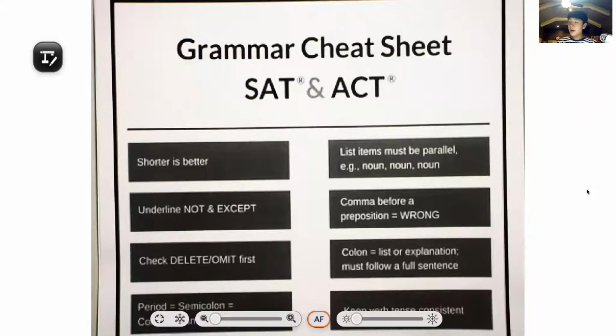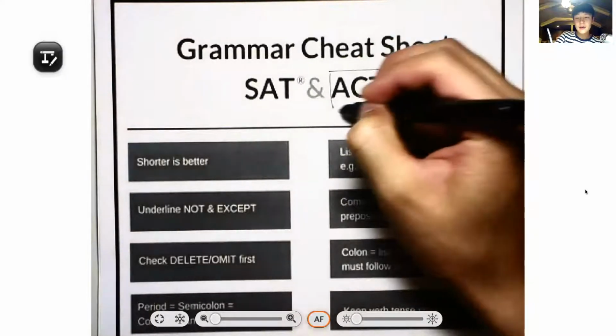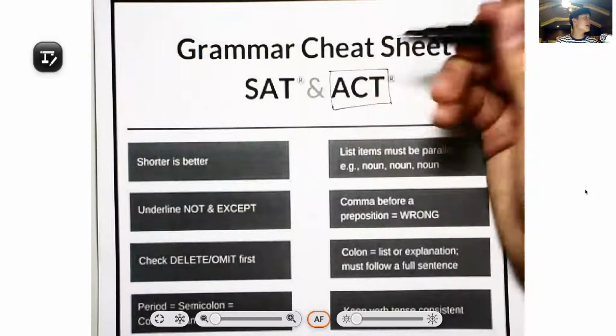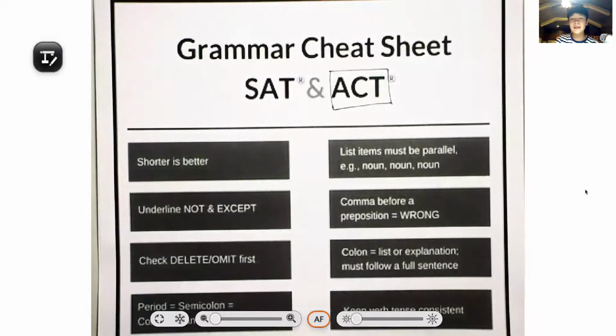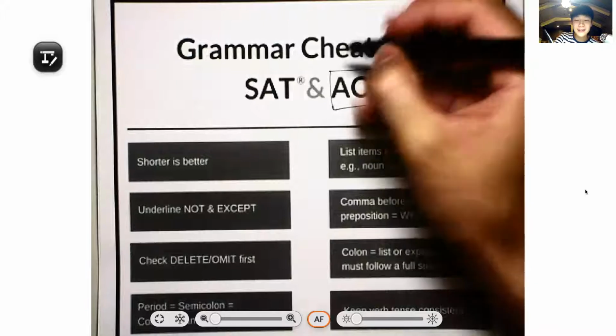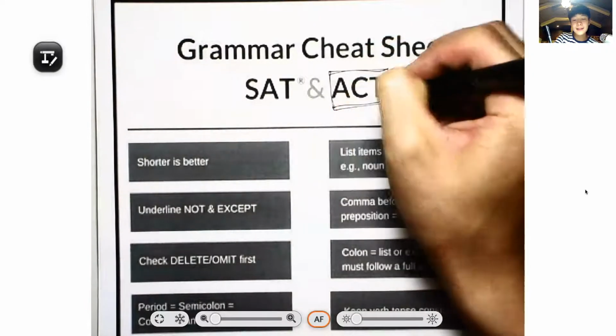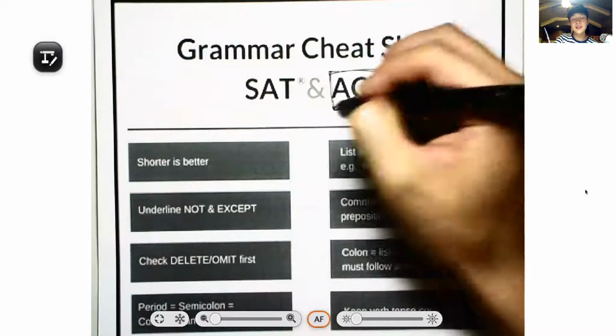So, excuse me, as you see, the grammar cheat sheet for the SAT and ACT is in front of me, and we're going to be focusing, of course, on the ACT here. And we're going to be focusing on the ACT because that's the test that we use widely in Kentucky. There are other states that use the SAT a lot, but we'll focus on the ACT because this session is on the ACT.